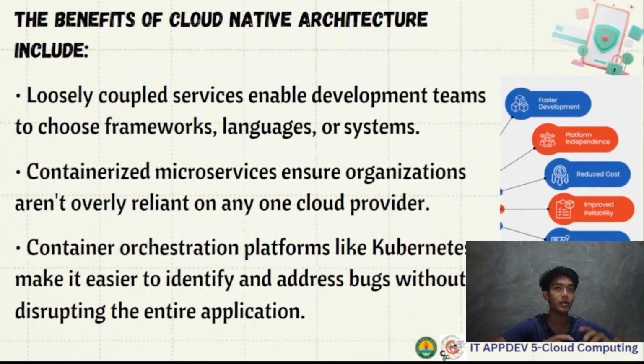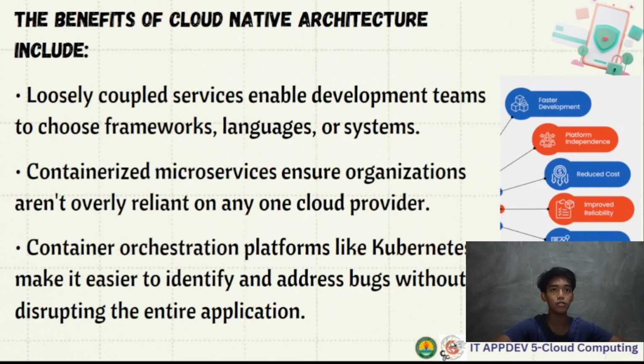So, what are the benefits of cloud-native architecture? The first one is loosely coupled services enable development teams to choose frameworks, languages, or systems. This allows development teams the flexibility to select various frameworks, languages, or systems for building software components independently.